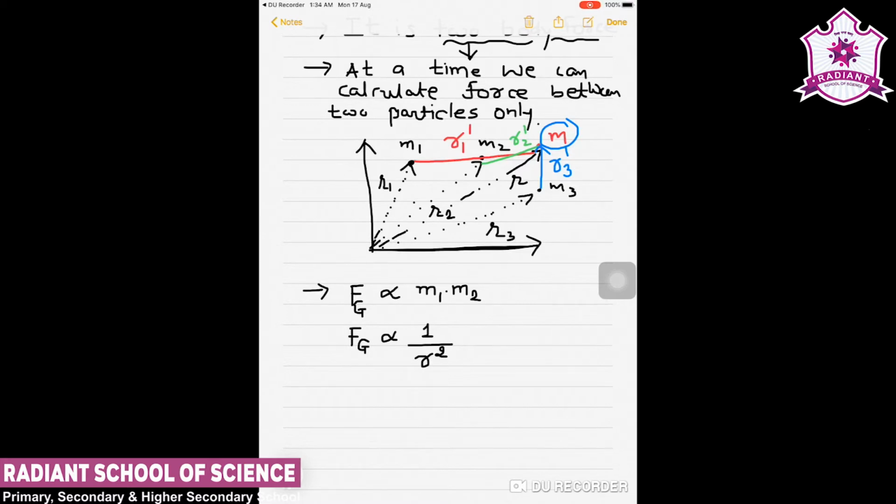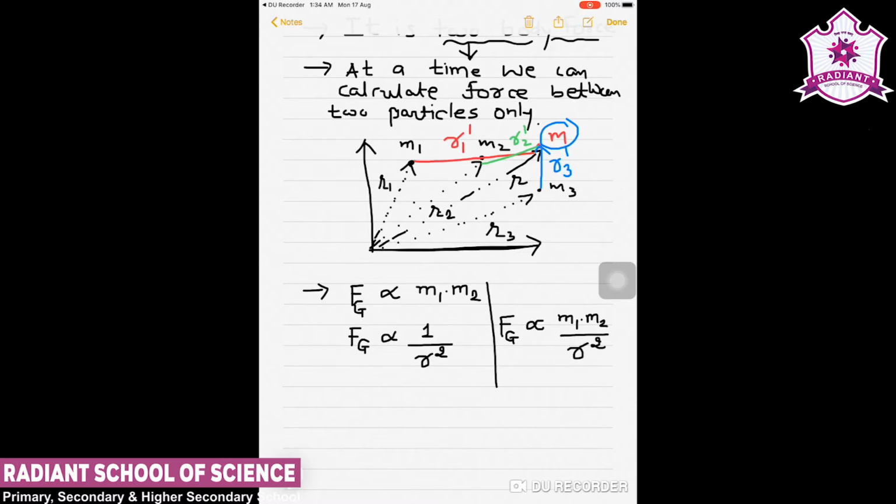So ultimately we can say that Fg is proportional to m1 m2 over r square.